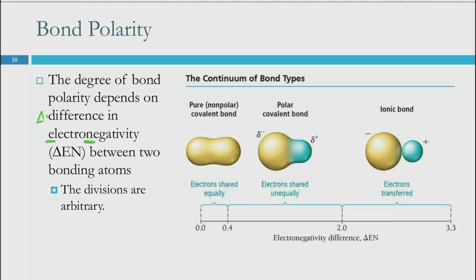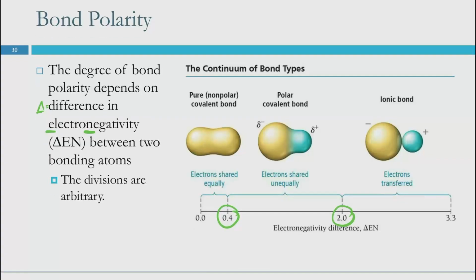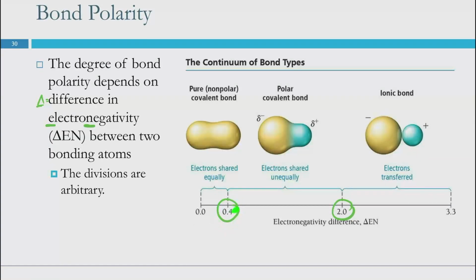These are just loose guidelines. In reality, there's a whole continuum, from 0.0 all the way up to 3.3. At 0.0, they're purely shared. At 3.3, that's the most electron transfer that we can get. It's a sliding scale in between, so these are arbitrary cutoffs. Our cutoff values are 0.4 and 2.0. If it's below 0.4, we would call it a nonpolar bond.